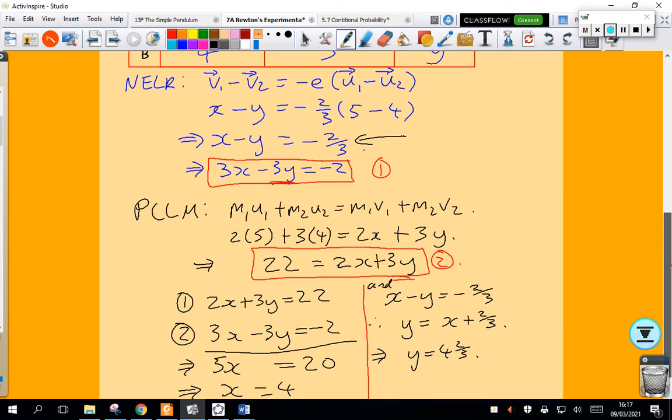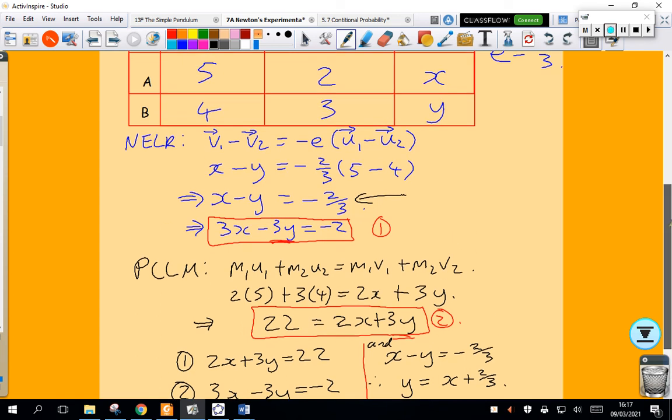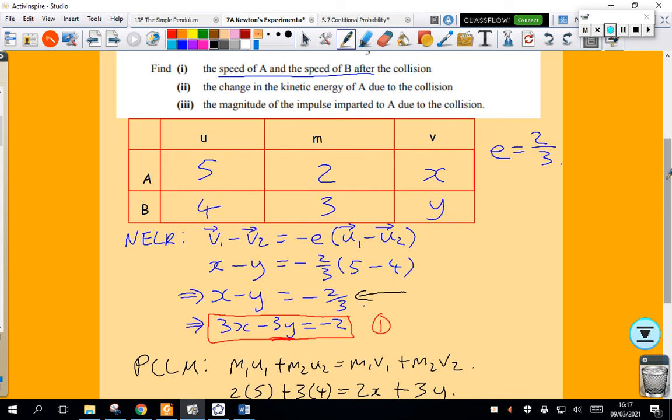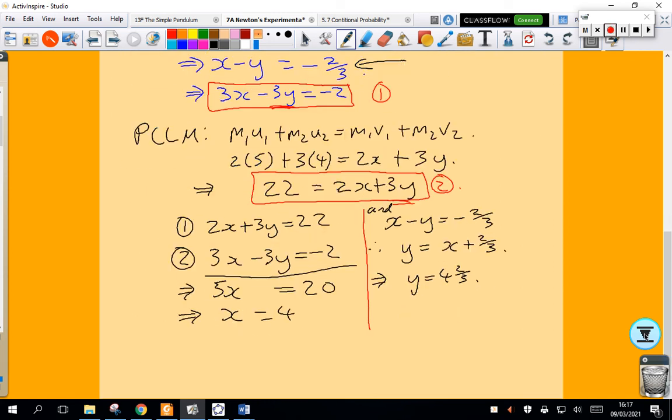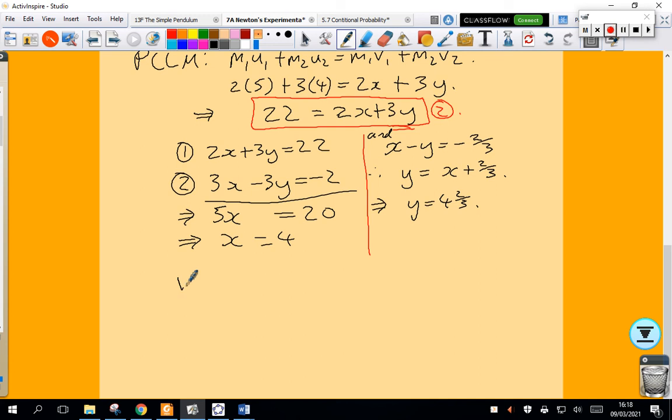Okay, going right back up to my question, we're trying to find the speed of A and the speed of B. What have we found? We found x and y, which are their velocities. Notice both are positive, nothing is turned around here. So the velocity of A after impact will be 4 meters per second, and the velocity of B after impact will be 4 2/3 meters per second.